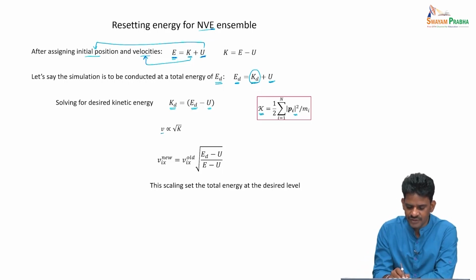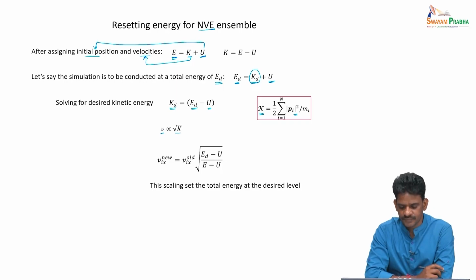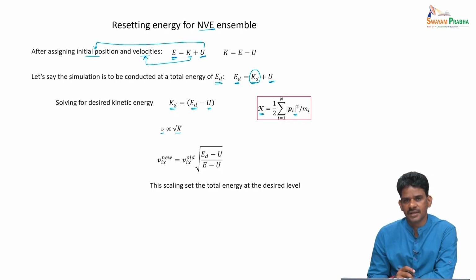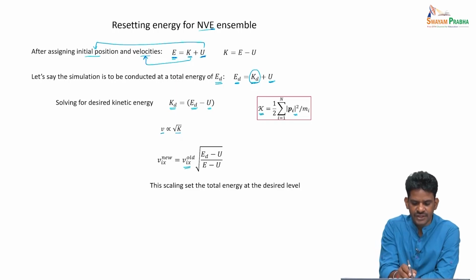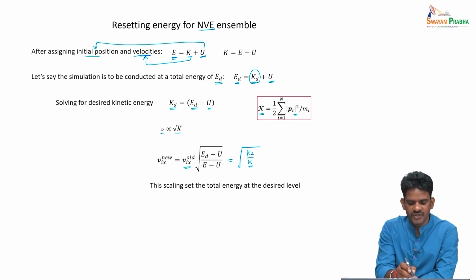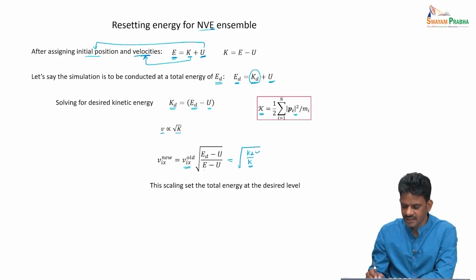So, that means velocity is proportional to the square root of K. To maintain a desired kinetic energy in the system, we take all the velocities we have assigned at the initial time and then scale by a factor which is equal to the square root of Ed minus U divided by E minus U. What this basically means is that the factor is the square root of Kd divided by K. This K is the kinetic energy corresponding to the initial velocities, but Kd is the kinetic energy that we want the system to have so that the total energy can be Ed.